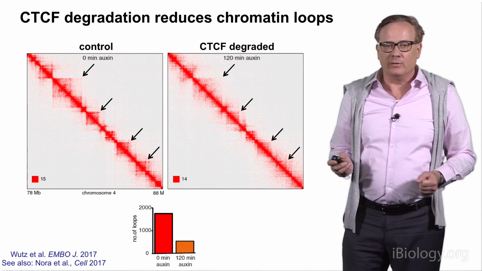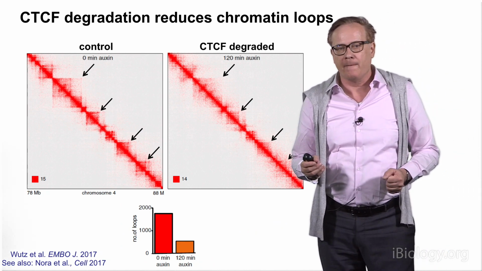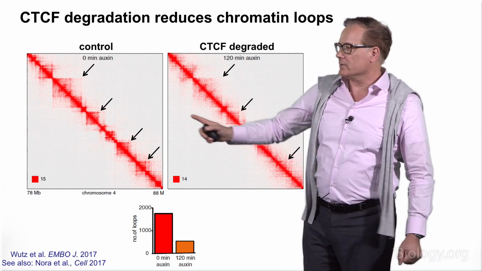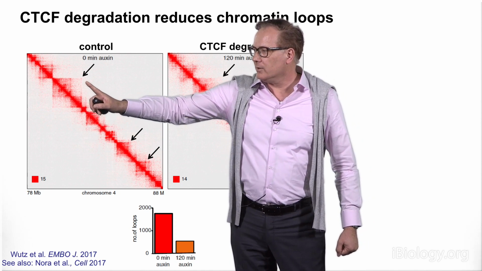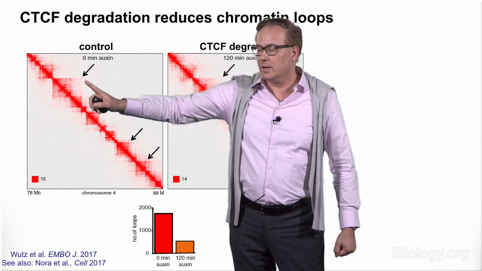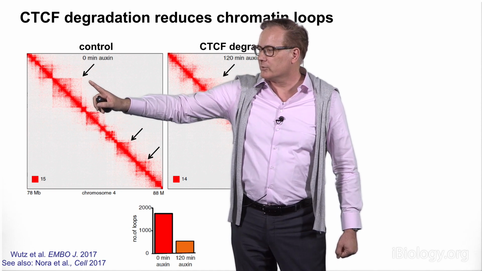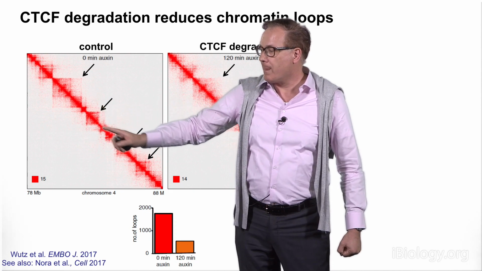Now, but if you look more carefully, you can appreciate two differences, and they're interesting. First of all, one can see, if one looks very carefully, as explained at the beginning, that at the corner of these TUDs, there are often these dots, which we think are loops that have been formed.